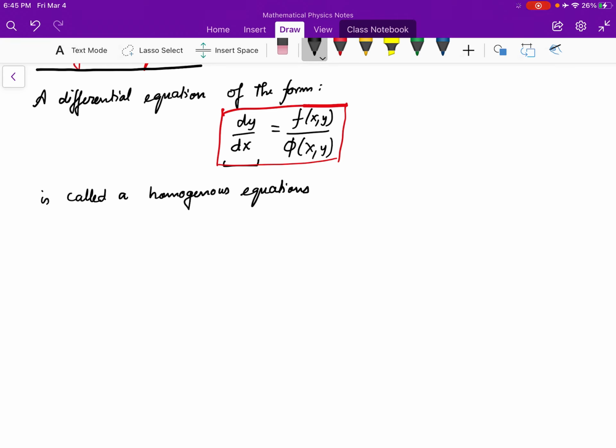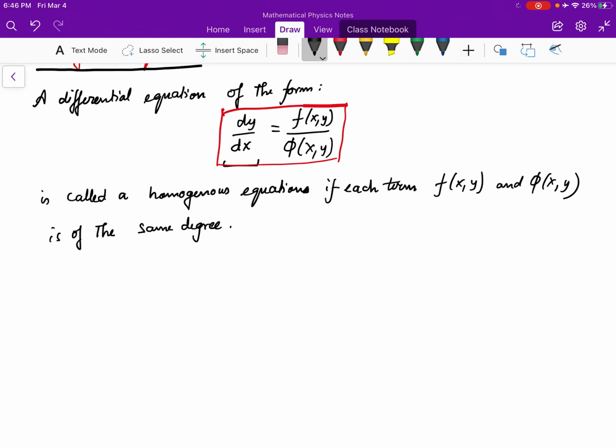It's called a homogeneous equation if each term, which means the terms that belong to f of x and y and phi of x and y, is of the same degree. It's pretty easy to understand. We have discussed what we mean by degree, and these terms f of x and y and phi of x and y should have terms which share the same degree, essentially.